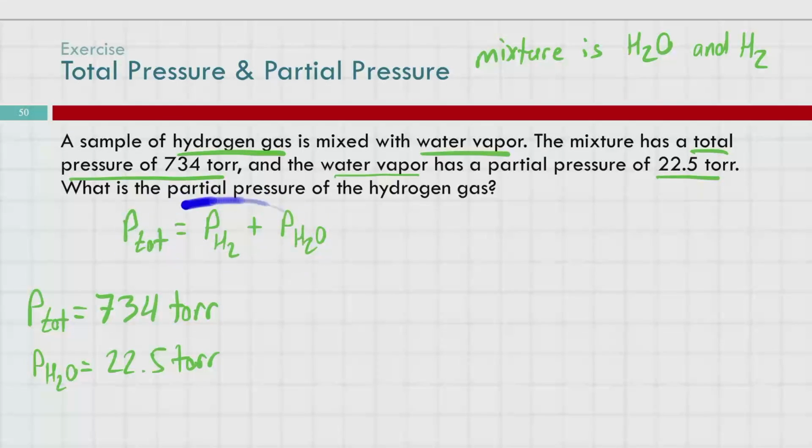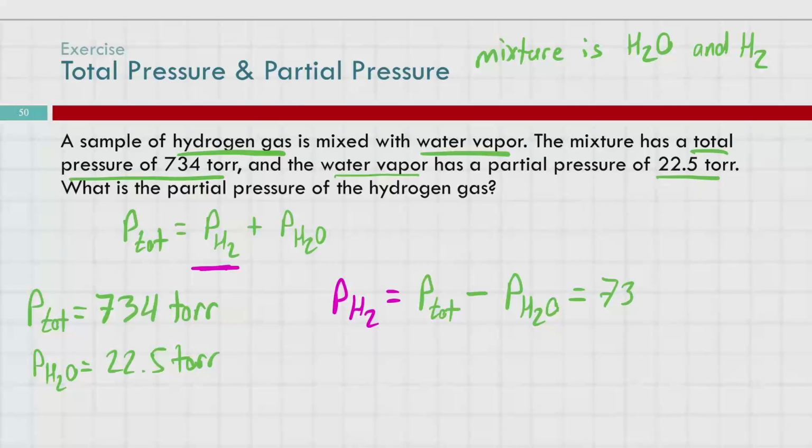So taking our equation, our Dalton's law of partial pressures, we want to solve for the pH2O. Sorry, pH2. We have the H2O. So we need to subtract our pH2O from both sides. That turns this into P sub H2 equals the pressure total minus the pressure of H2O.